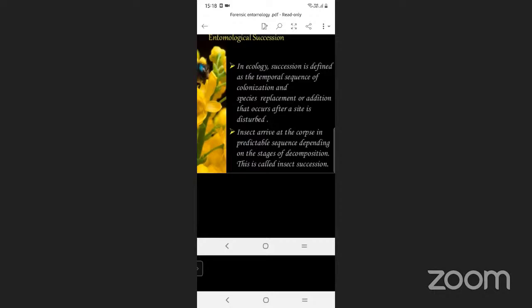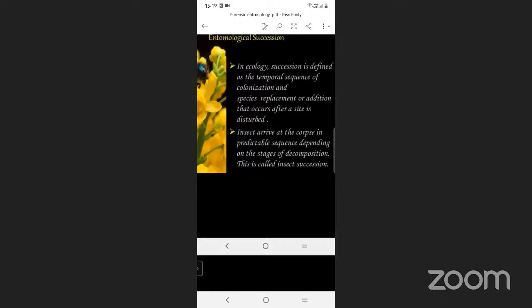So in entomological succession, we say that in ecology, succession is defined as a temporal sequence of colonization and species replacement or addition that occurs after the site is disturbed. So insects arrive at the corpse in a predictable sequence depending on the stages of decomposition.